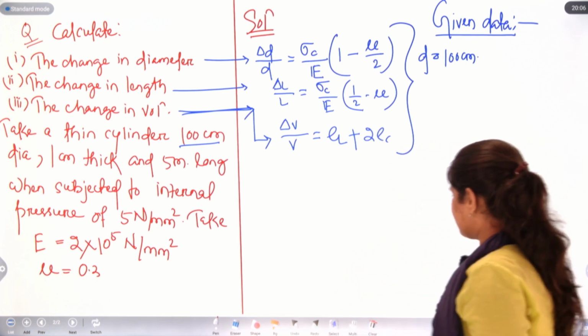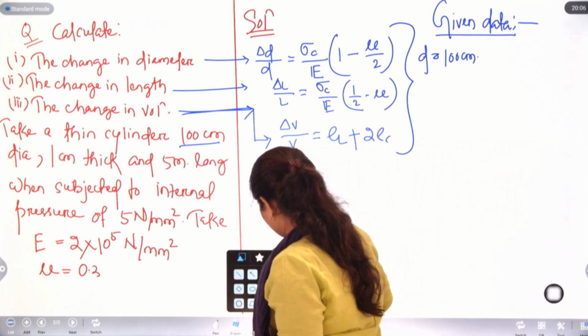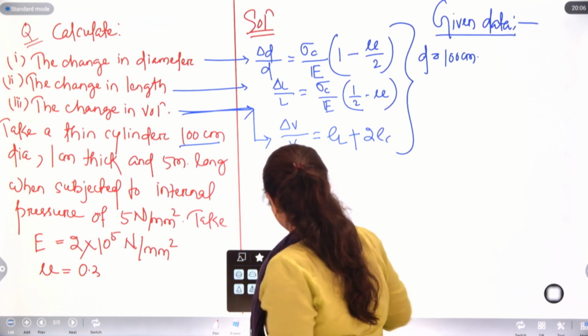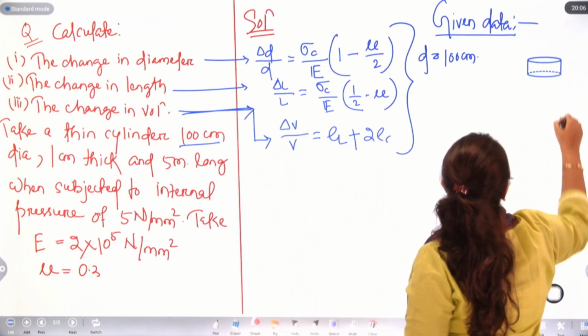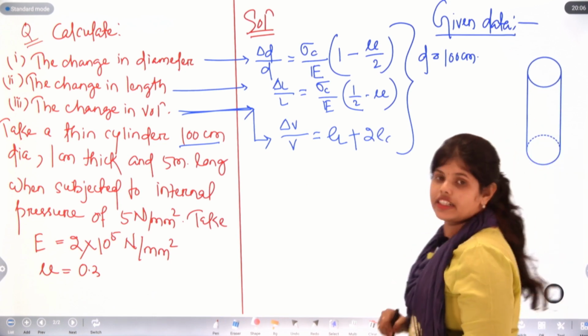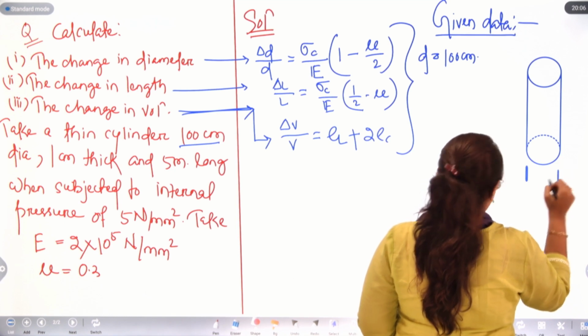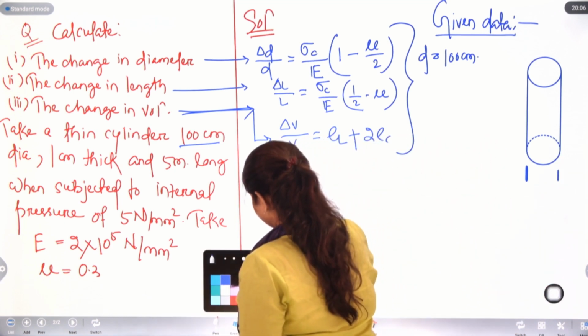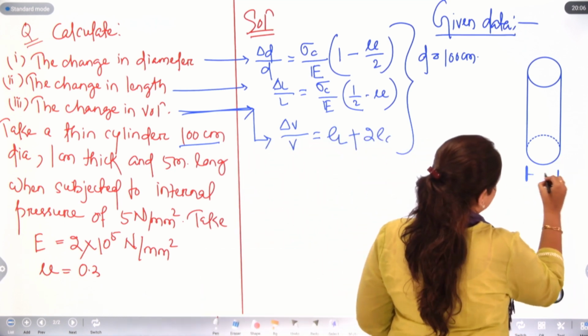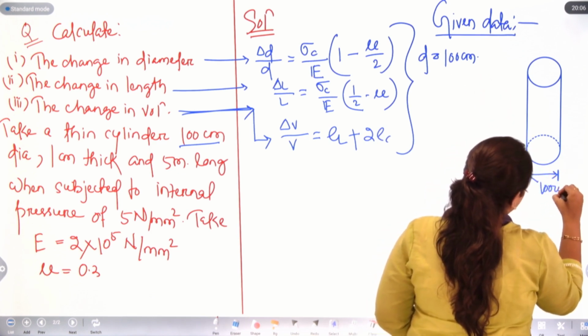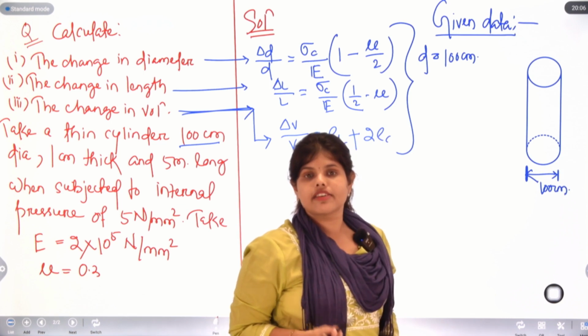As we are learning about our thin cylinder, our thin cylinder is like this. We have the diameter, this to this length is 100 centimeter. And next, what is given?